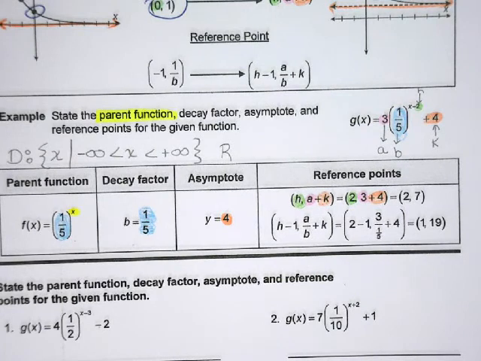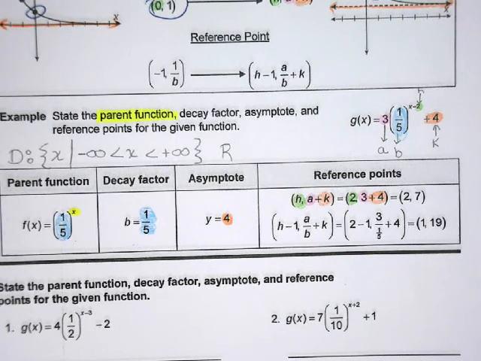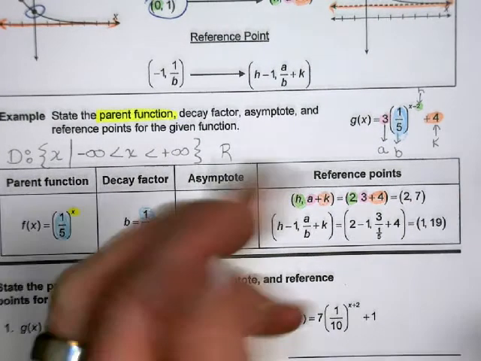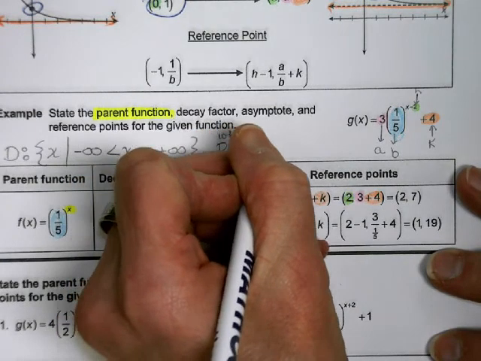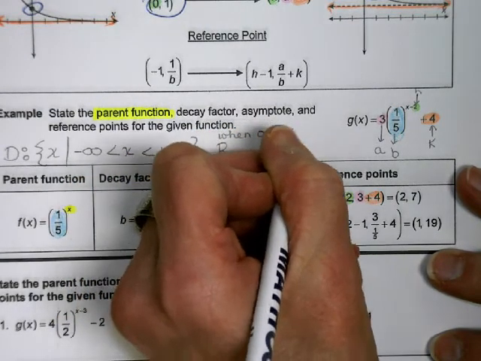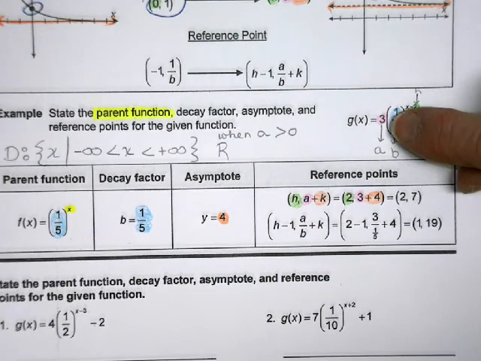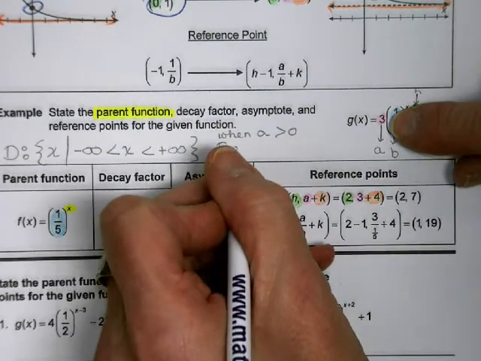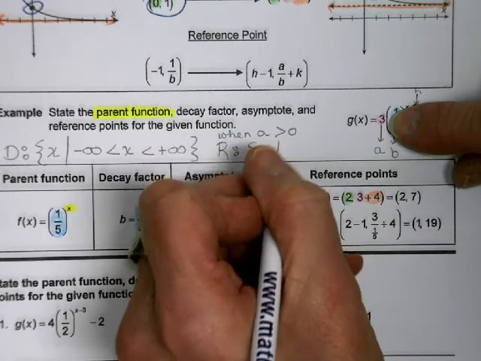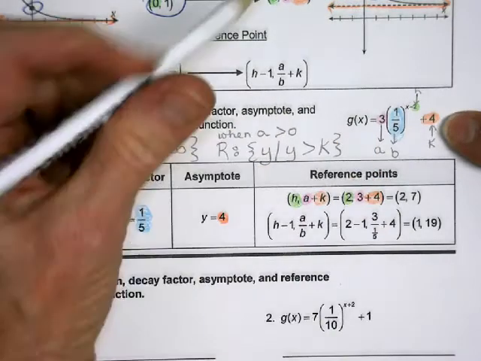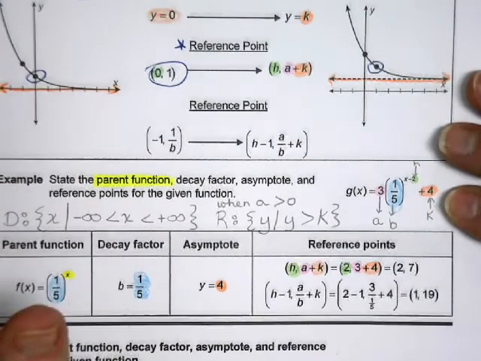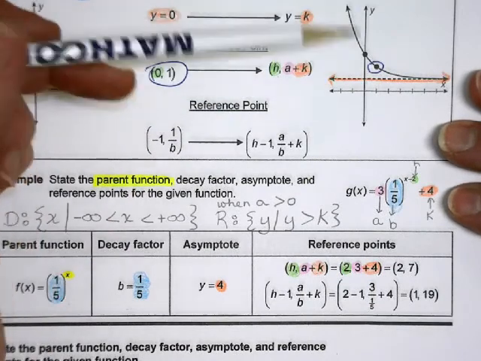The range, unfortunately, we didn't have it in these 13.1. They didn't give you an opportunity to think, well, what if I reflect the graph? What would the range be? They didn't give you any of those options, but in this lesson they do. Yay. So the range. This is when my multiplier is positive. My multiplier out front here has to be positive. My range is the set of all y such that y is greater than k, because it's the asymptote.